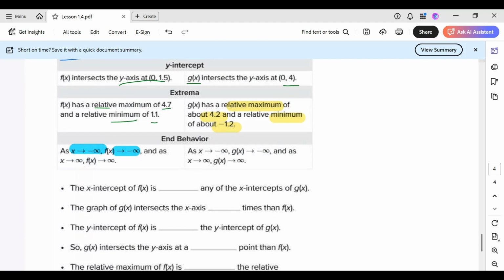On the g of x, as x went to negative infinity, g of x also went to negative infinity, so they are the same there. As x went to infinity, f of x went to infinity. As x went to infinity, g of x also went to infinity.